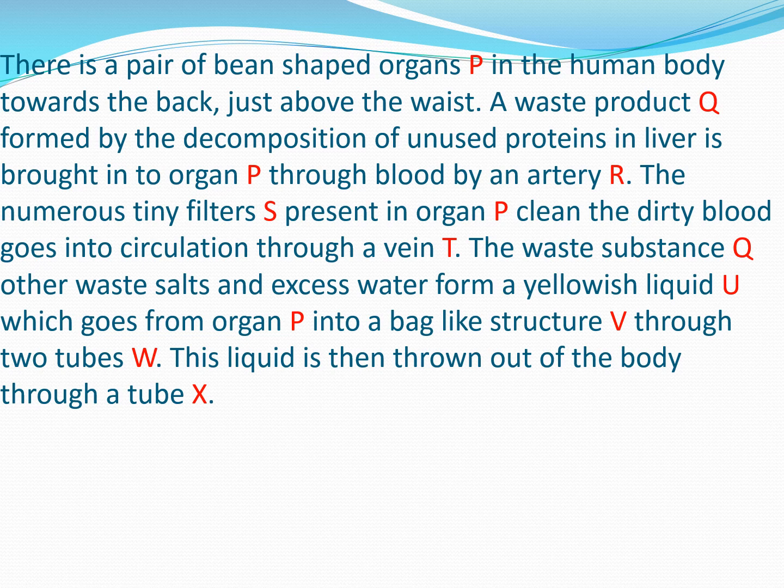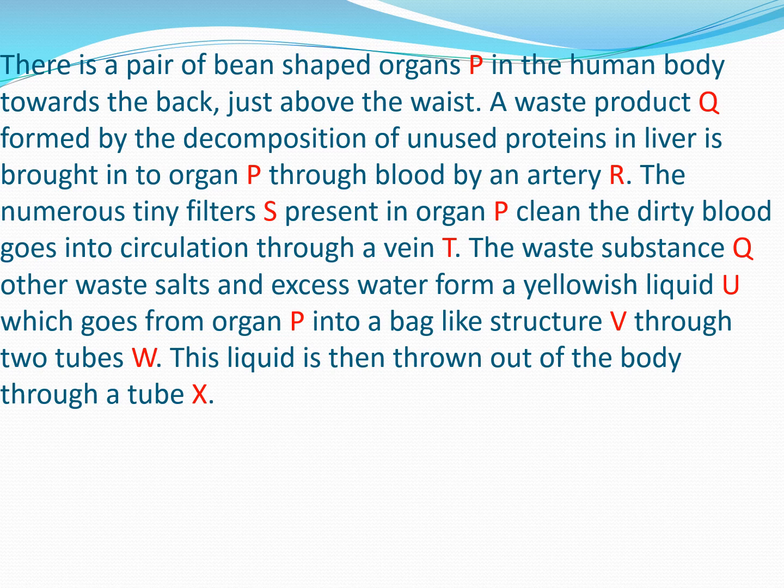So unused proteins in liver, definitely deamination of proteins are going on in liver. So naturally bile pigments are produced there. Why? Because destruction of RBCs are seen in liver, so they produce bile pigments. So your Q is bilirubin and biliverdin, or together you can say bile pigments.